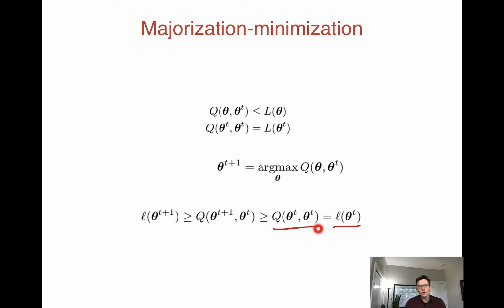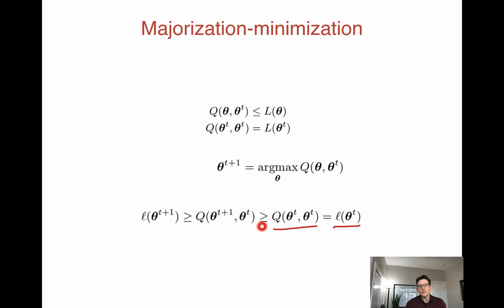Then we optimize Q with respect to the first parameter. We define theta t plus 1 to be the maximum in the first parameter. So now we end up with Q of theta t plus 1 comma theta t.